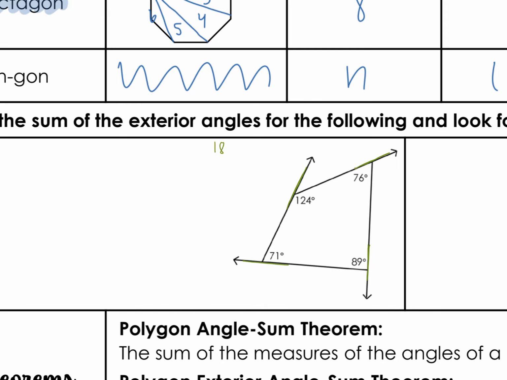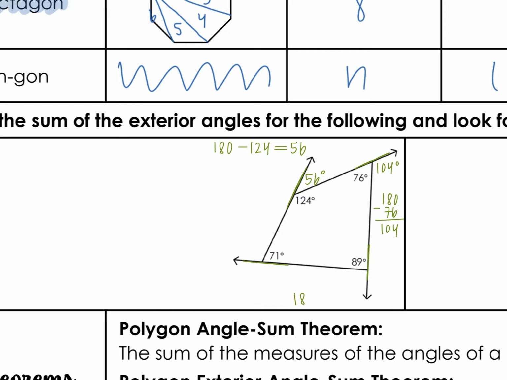So that's what I'm going to do. I'm going to take 180 minus 124, and that's going to give me 56 degrees for that missing angle. Then over here, I'm going to take 180 minus 76, and I'll be left with 104 degrees for this exterior angle.